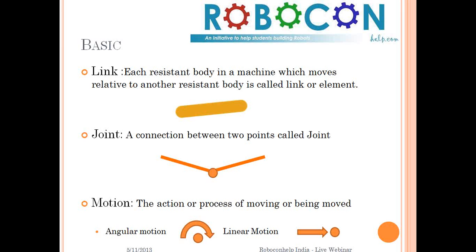I guess everybody knows what a link is, but let's say each resistant body in a machine which moves relative to another resistant body is called a link or element. A link can be of any size, any shape, and any dimension. If we look around us, anything moving, any part of it, such as a boom of a construction or forestry machine, is a link.